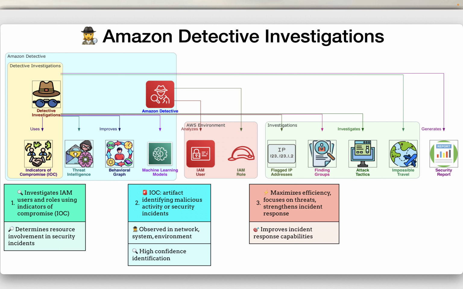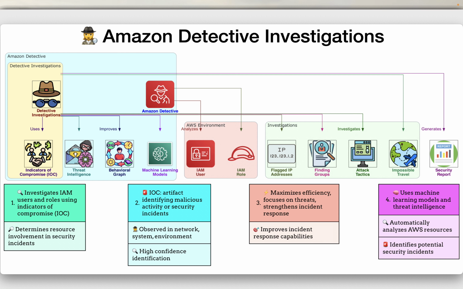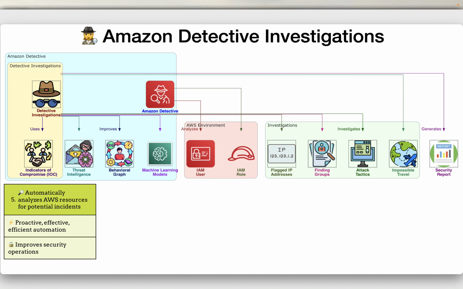With Detective investigations, you can maximize efficiency, focus on security threats, and strengthen incident response capabilities. Detective investigations uses machine learning models and threat intelligence to automatically analyze resources in your AWS environment to identify potential security incidents. It lets you proactively, effectively, and efficiently use automation to improve security operations.